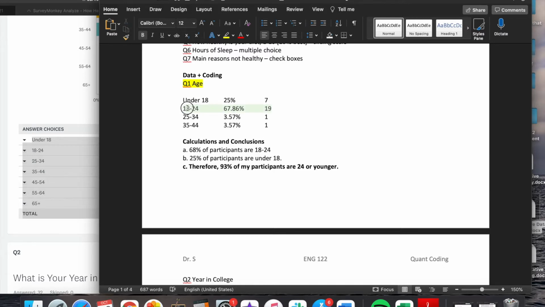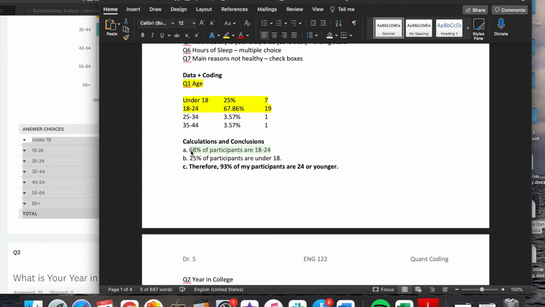I noticed that most of my participants are right here, right? 19 or 68% are 18 to 24. But I also had 7, so I'm probably going to add these up. First of all, I'm going to point out. Calculations and conclusions are just the important observations that you make from the data of your question.